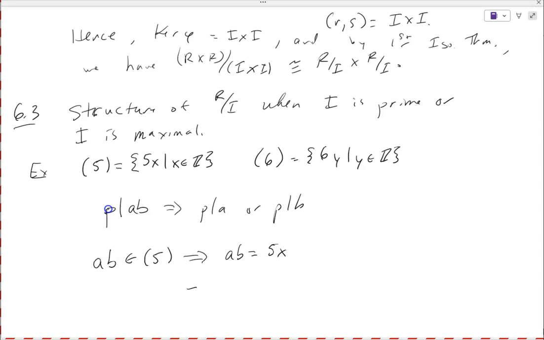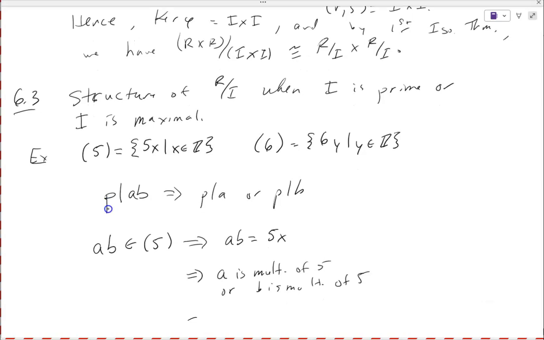That tells us that either A is a multiple of 5 or B is a multiple of 5, right? That's what we just said about a prime dividing a product: it has to divide one of the pieces. Same idea, yes? Which tells us that A is in the ideal generated by 5 or B is in the ideal generated by 5. So if the product is in the ideal, then one of the factors is in the ideal.